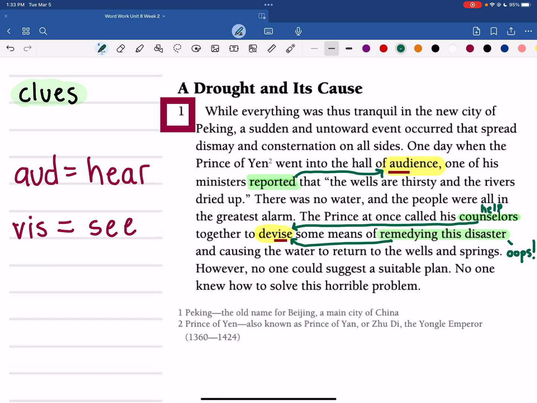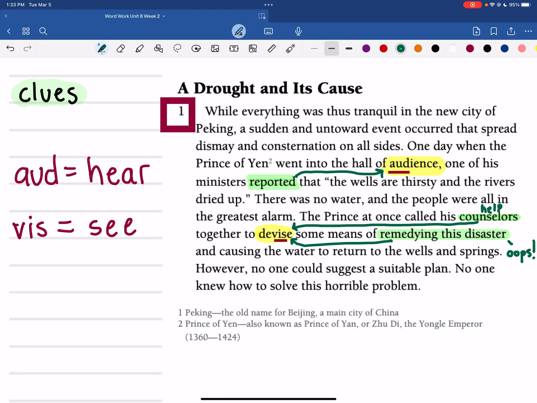And with the context of this story, the prince is going to work with the counselors to help and see a solution to this disaster he is trying to fix.